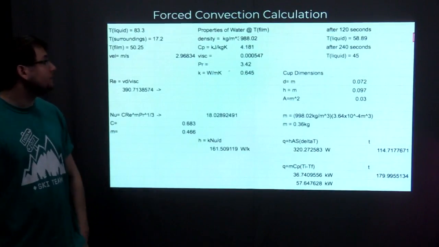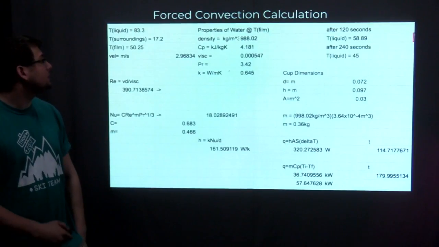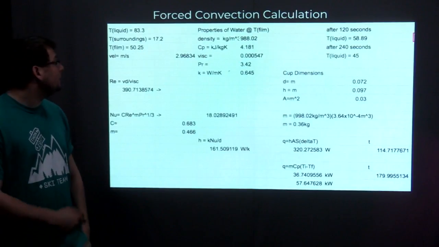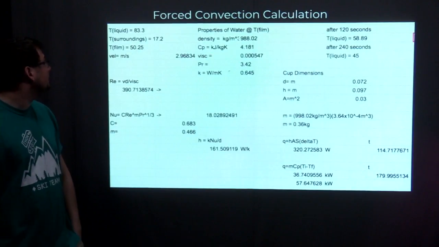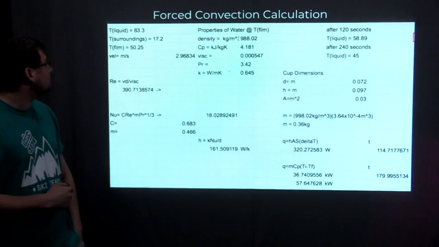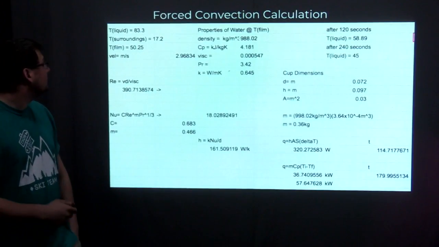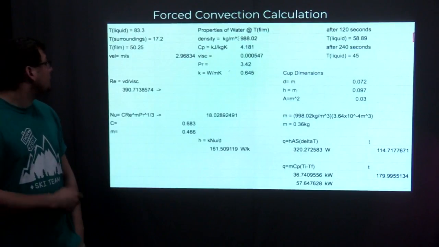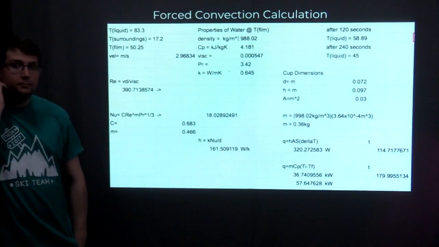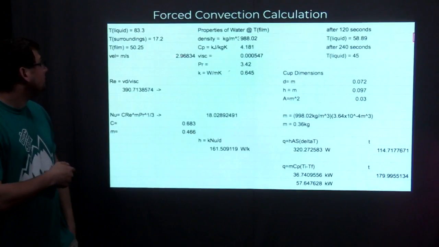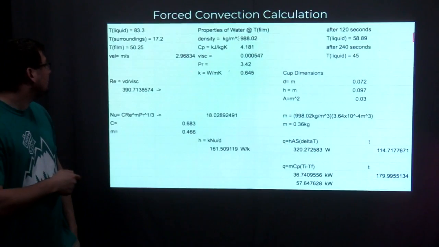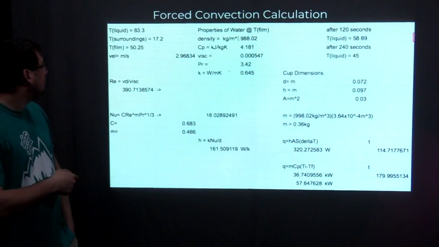For our calculations for forced convection, we first found the properties of water, which we assumed to be similar to coffee, out of the back of the textbook at the T-film temperature of 50.25 degrees Celsius. From there, we calculated the velocity of the box fan from the manufacturing table on the back of the fan. From there, we calculated the Reynolds number.